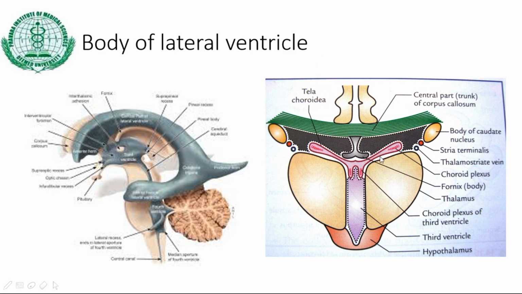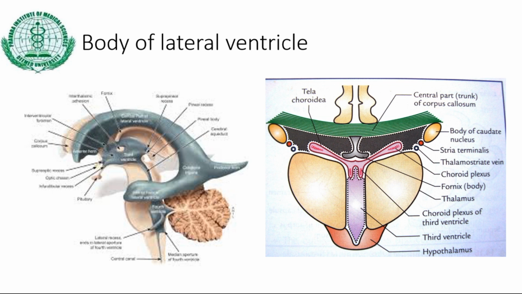Now when you see the lateral edge of this tela choroidea, there are plexuses of blood vessels that constitute the choroid plexus. This tela choroidea and other structures forming the walls of the ventricles are lined by the ependyma. The choroid plexuses are highly vascular structures responsible for the production of cerebrospinal fluid.